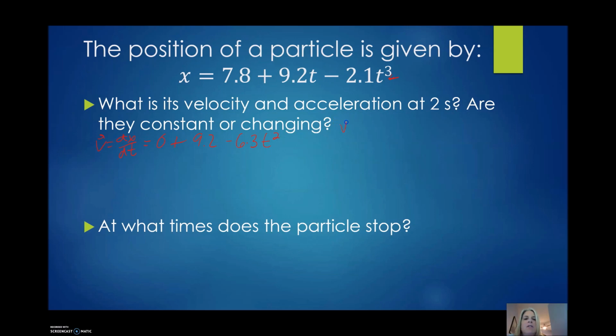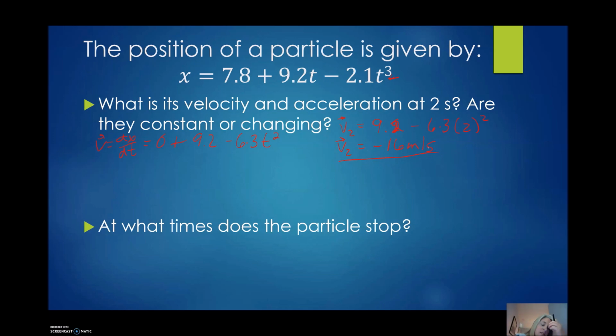So that means that the velocity at 2 seconds, all we have to do is plug in 2 seconds for t. So we go 9.2, whoops, that's supposed to be 0.2. Velocity is 9.2 minus 6.3 times 2 squared. And if we solve that, we'll find that the velocity at 2 seconds is negative 16 meters per second.